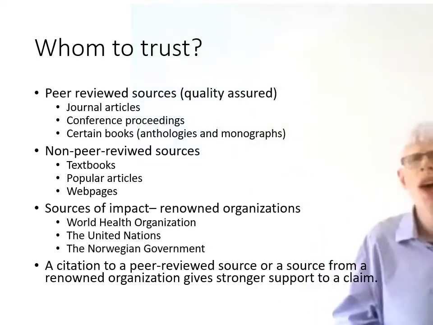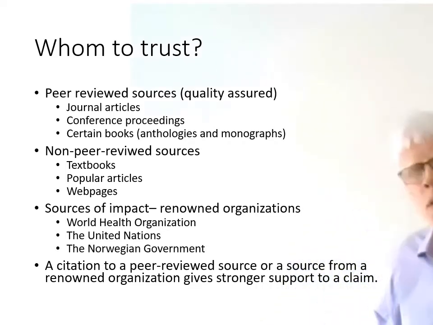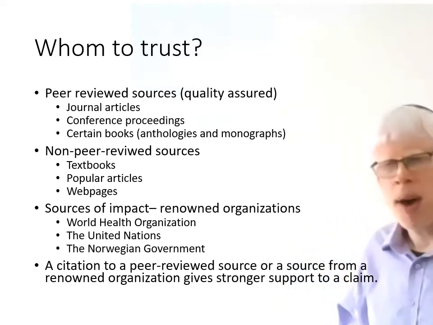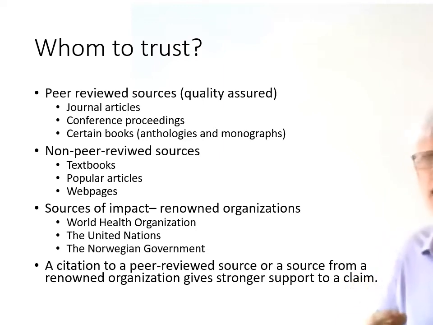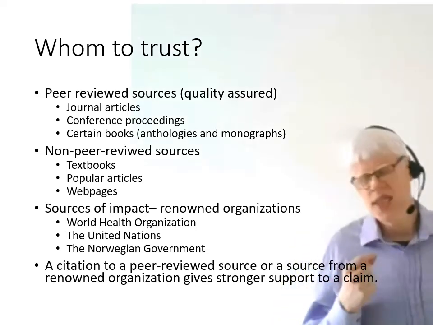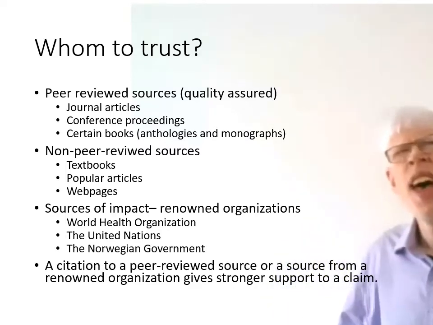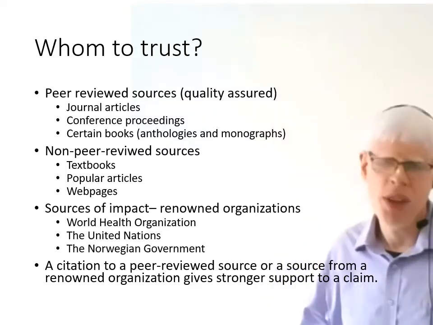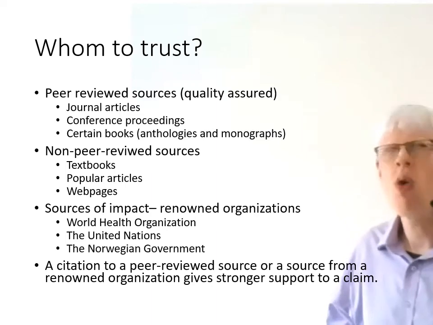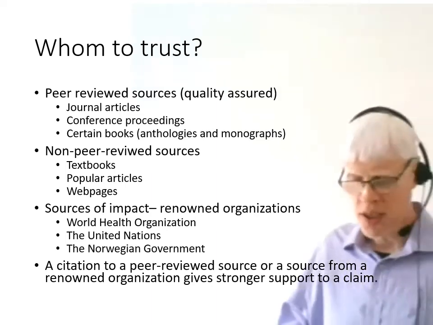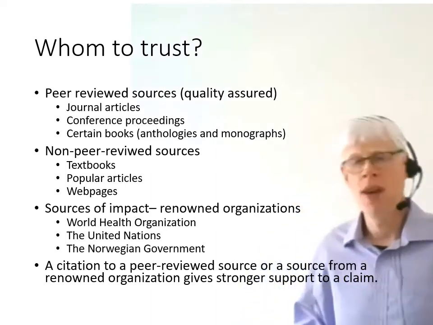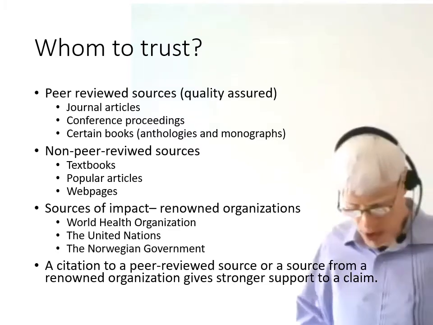The third group, I would say, is sources of impact, and these are typically renowned organizations with a lot of weight. And here I'm thinking about the World Health Organization, the WHO. It could be the United Nations, or it could be a government like the Norwegian government.